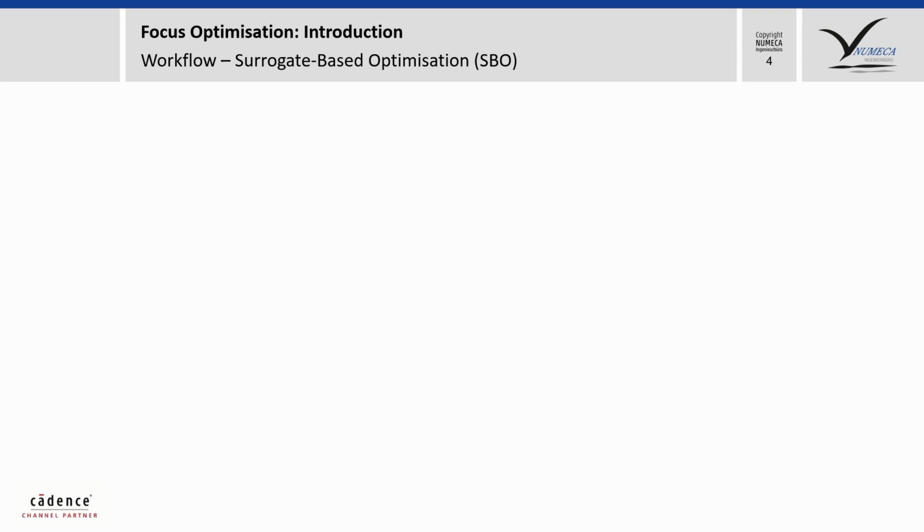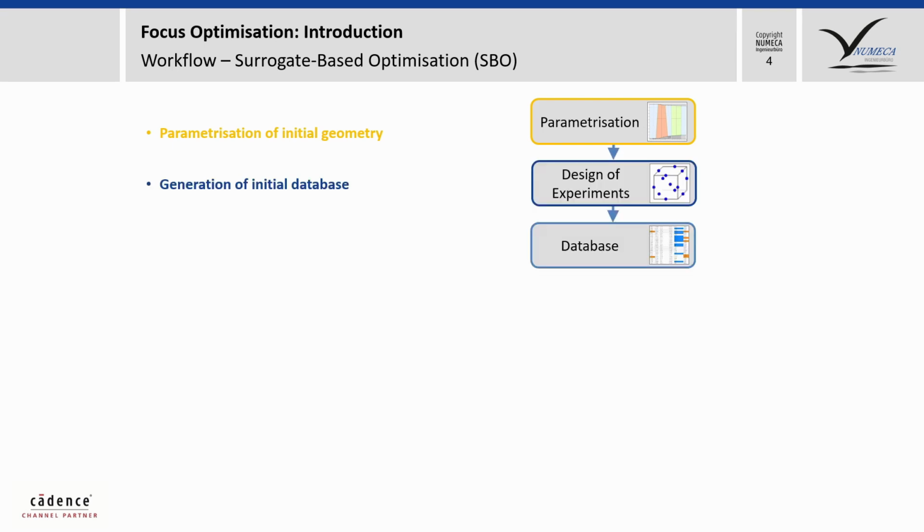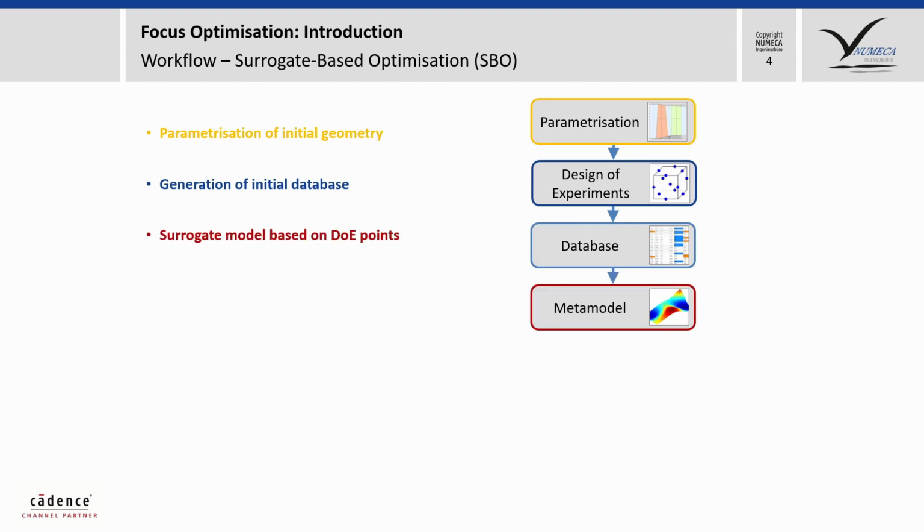But just to show you the general workflow, in the beginning we parameterize the initial geometry, we generate a database with design of experiments, so we have our design space where a couple of designs are computed, and based on that we have a surrogate model which is very fast in computing and not doing the real CFD simulations.